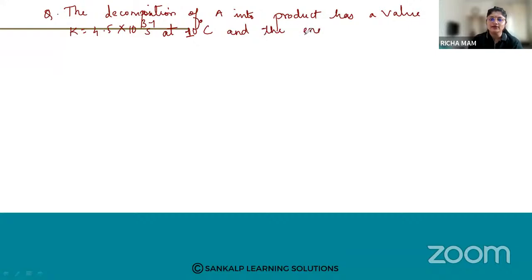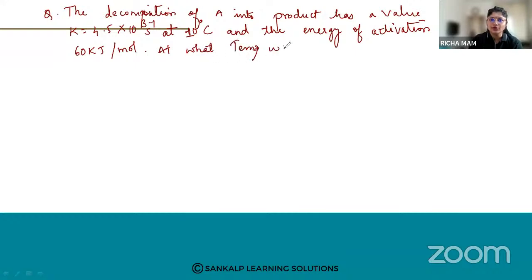The energy of activation is given as 60 kilojoules per mole. At what temperature would K be 1.5 into 10 raised to 4 per second? So this is the question.